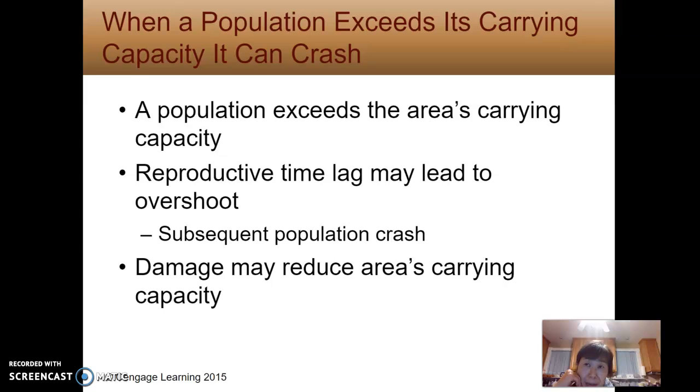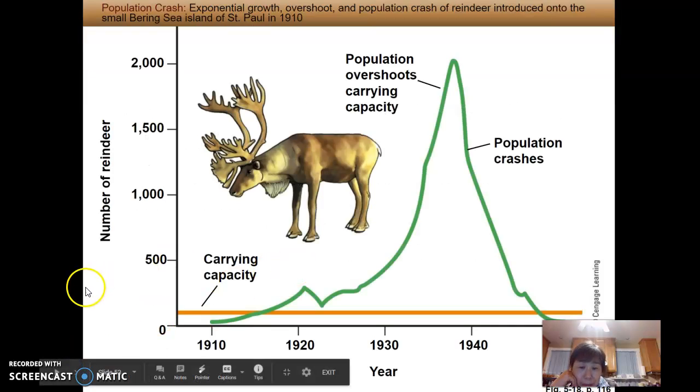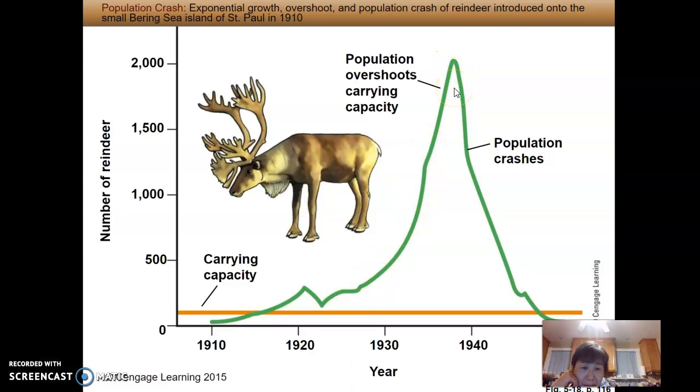And then once they are damaged, they are not able to recover back. But if the environment is of the sort of resilience, like a grassland, maybe they can come back quicker. Okay, so this is one example. A population grows rapidly, J-shape, and then overshoots the carrying capacity, and then crashes. So this would take a while for the environment to recover.